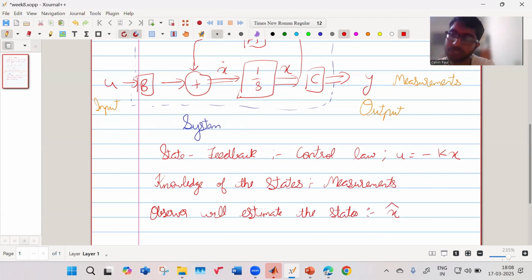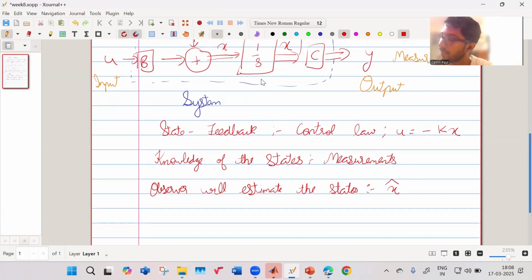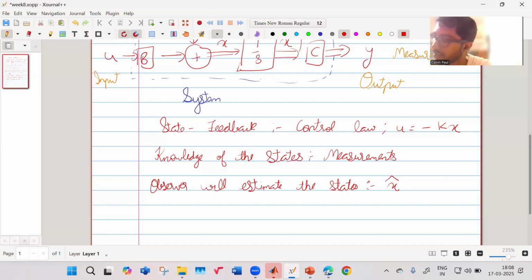It will find an estimate of the state which is known as x hat, right? And you will have a good observer if your error, that is the actual state minus your estimated state, is low. This error should be low.